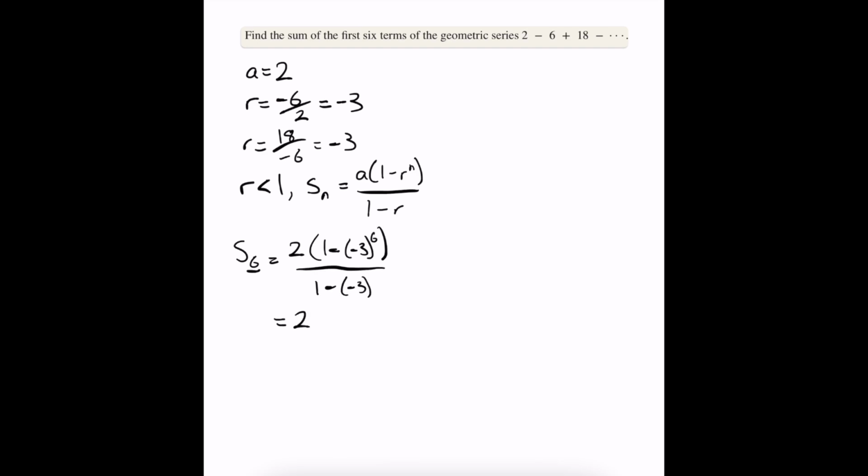So this is equal to 2 outside of 1 minus, now minus 3 to the power of 6 is equal to 729. And then 1 minus minus 3 on the denominator is equal to 1 plus 3, which is just equal to 4. So if I plug this in a calculator, what I get is minus 364. And that's our answer for this question here.